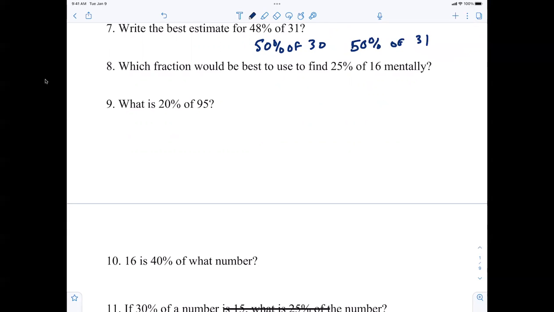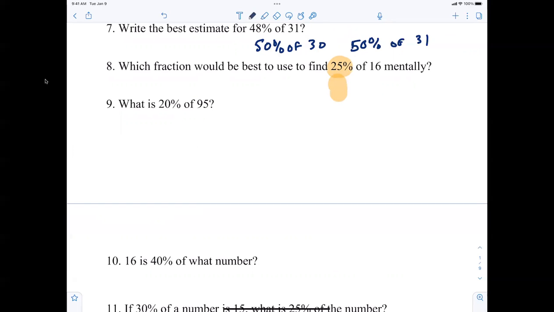What fraction? Come on, 25%. What fraction is 25%? 25% is 1/4.